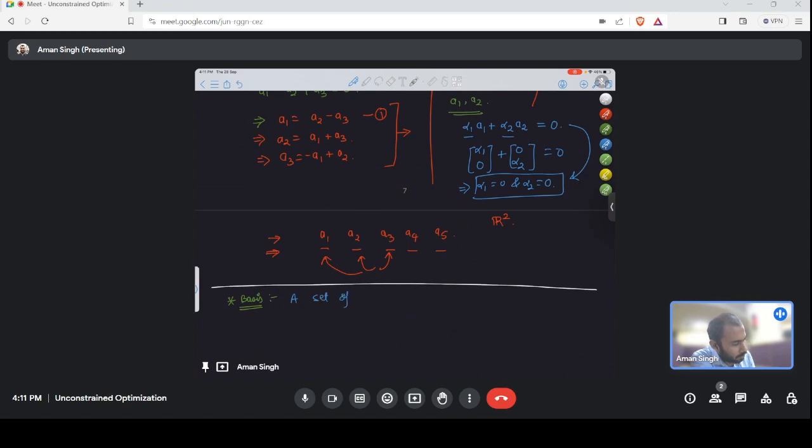A set of vectors is said to be a basis of a vector space S if it is linearly independent and spans S.